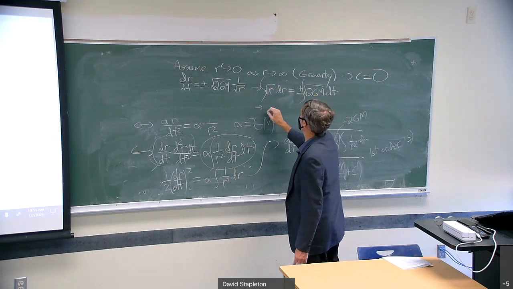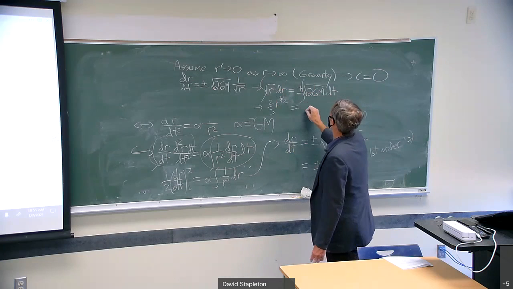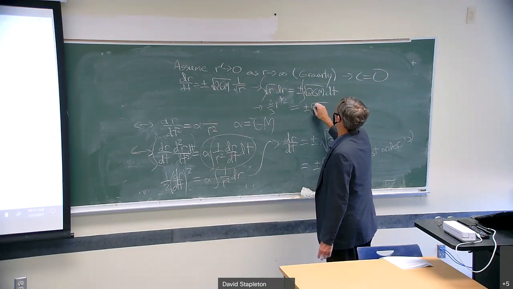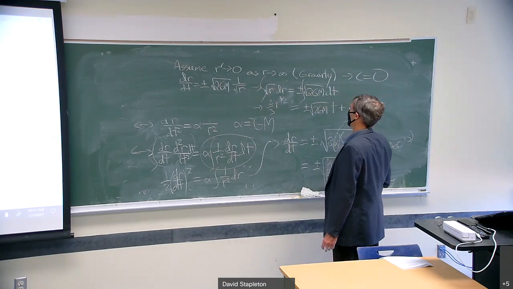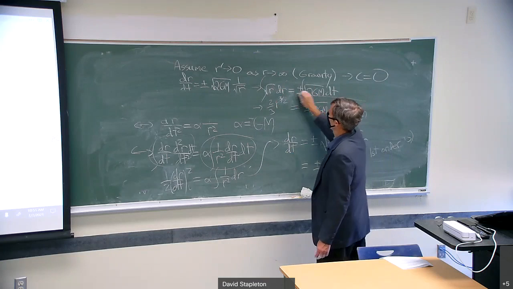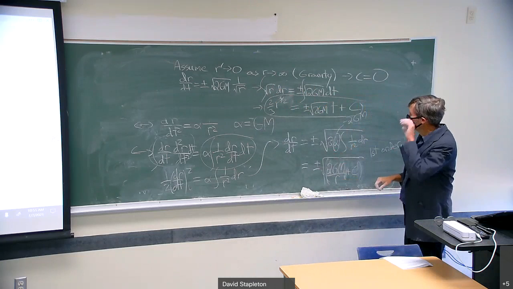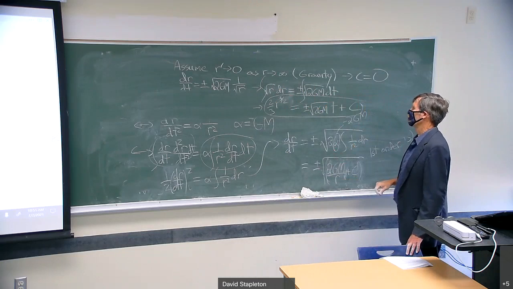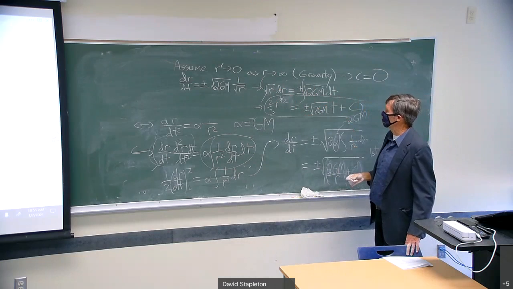And now you've got 2/3 r to the 3 halves, equal to plus or minus the square root of 2 GM t plus a constant, which is your initial position. And so you get this kind of a solution. I'd say that's an implicit solution. This is the 3 halves law, the radius to the 3 halves power proportional to time, out of Kepler's law.